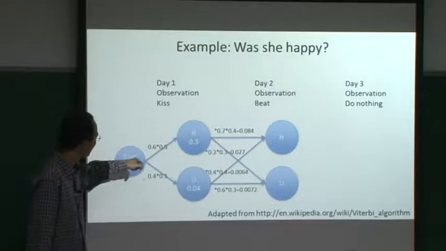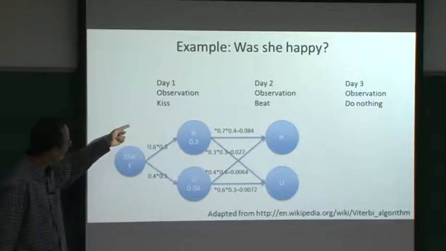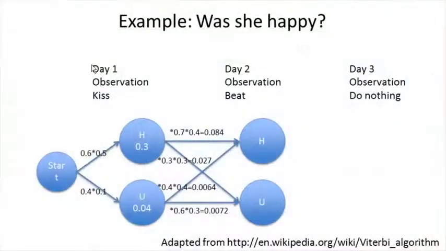So the probability that she's happy on the first day and kisses you on the first night, and happy on the second day and beats you on the second night, should be 0.084. The other three situations are similar.